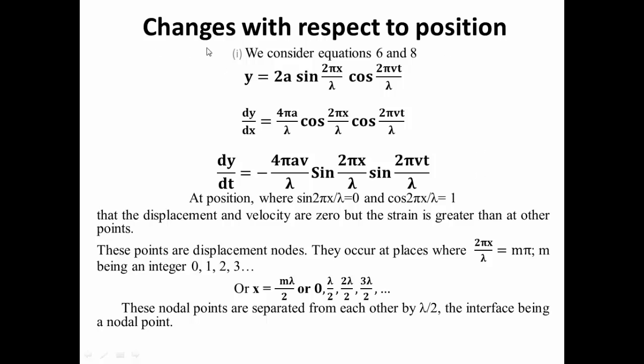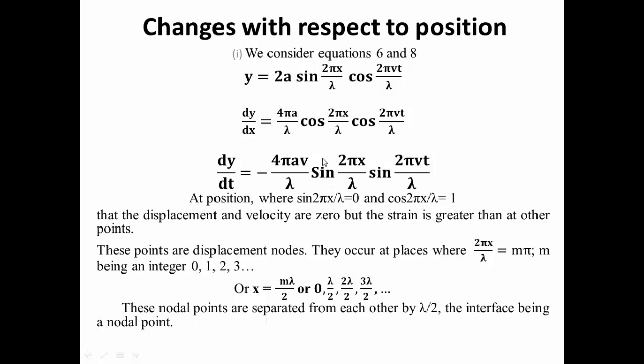So firstly we see the changes with respect to position. For that purpose we take sin 2πx/λ equal to 0 and cos 2πx/λ equal to 1. In that case the displacement and velocity are 0, but strain is greater than at the other points.